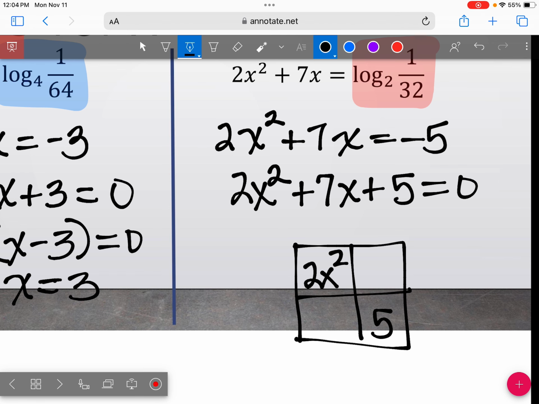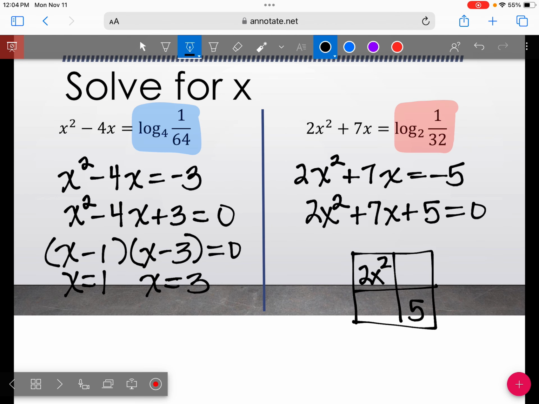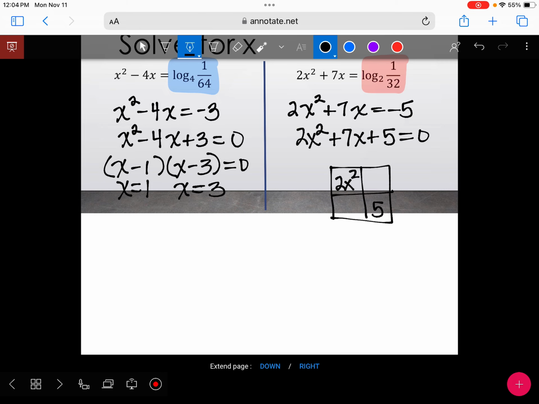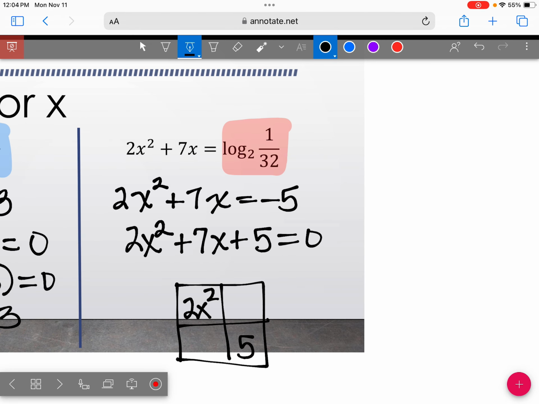So go ahead, find your two numbers that multiply to give you 10 and add to 7. 5 and 2. Okay, good. All right, go ahead, finish taking out your GCFs.